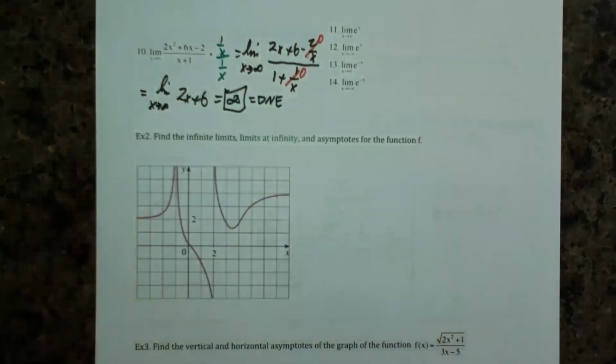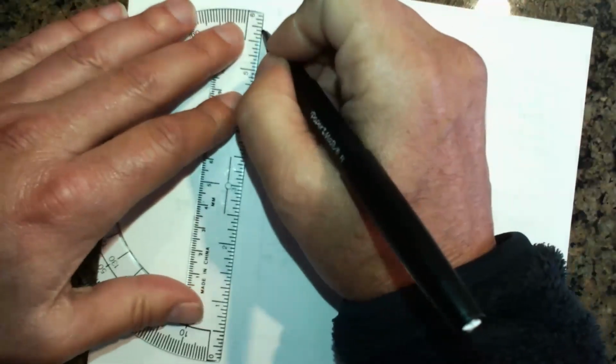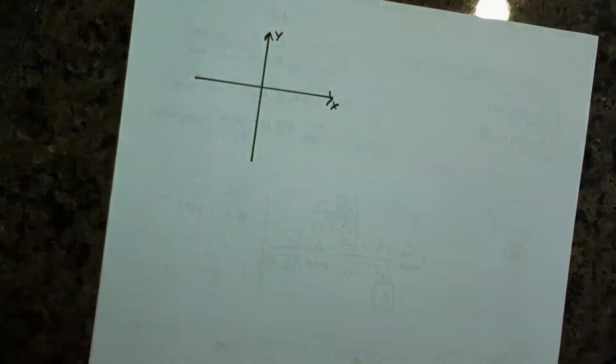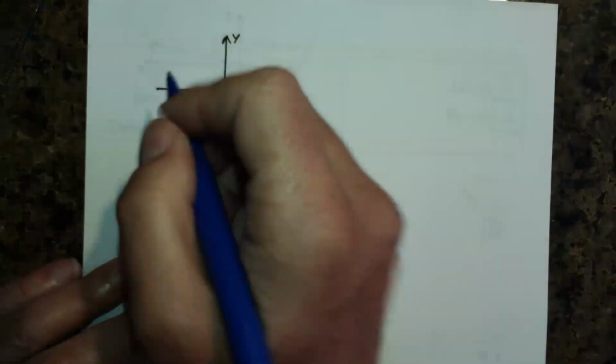All right, let's talk about e to the x and what that graph looks like. I'm not going to have enough space for both, so let me just use the back of this previous sheet. And we'll talk about e to the x and e to the negative x. The graph of e to the x looks like this.